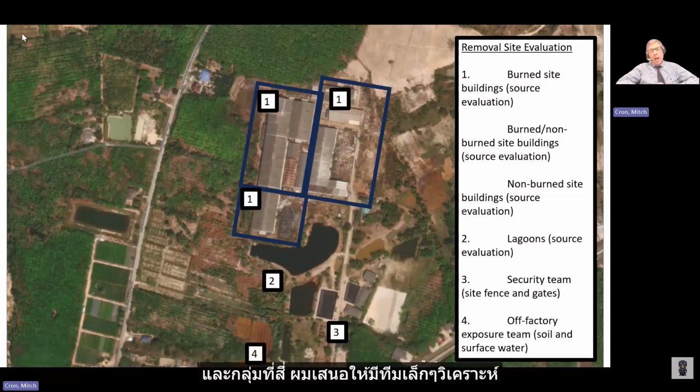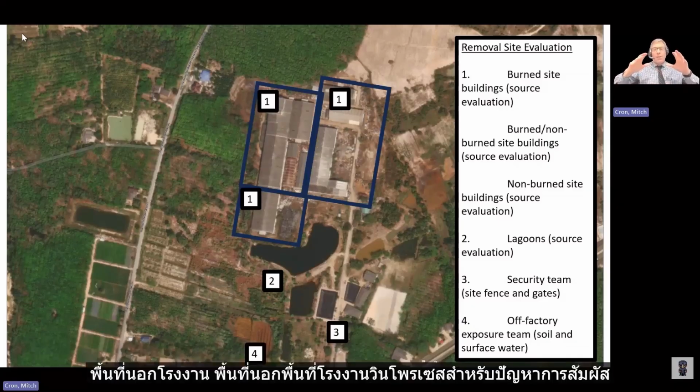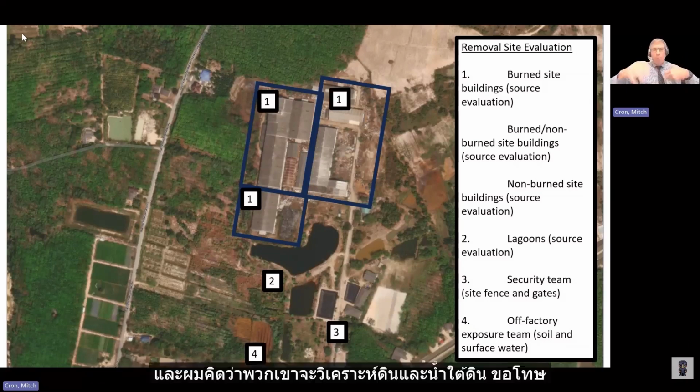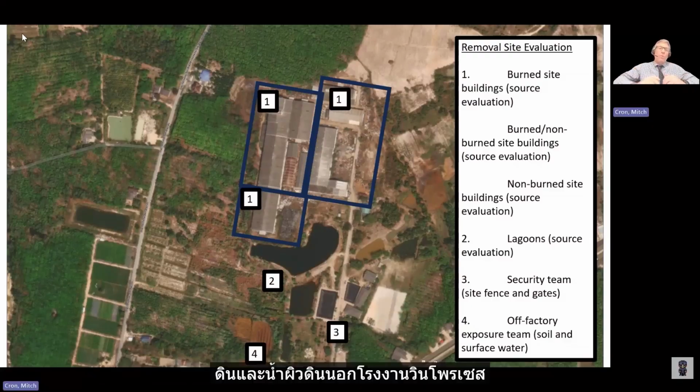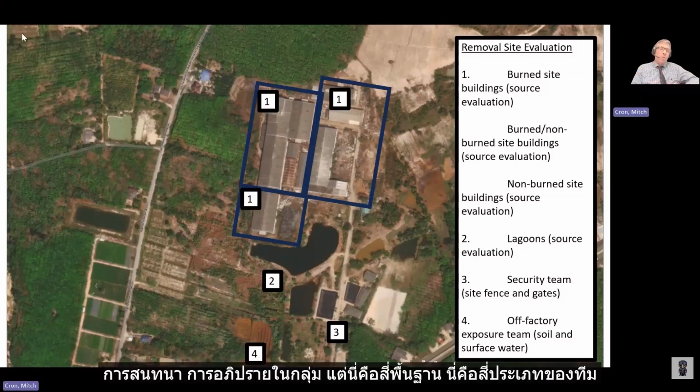And the fourth group, I proposed having a small team analyze off-factory areas, off the Wind Process site, for exposure problems. And I primarily thought they would analyze soil and surface water off of the Wind Process facility. All this can be adjusted, based upon conversation, discussion amongst the group.